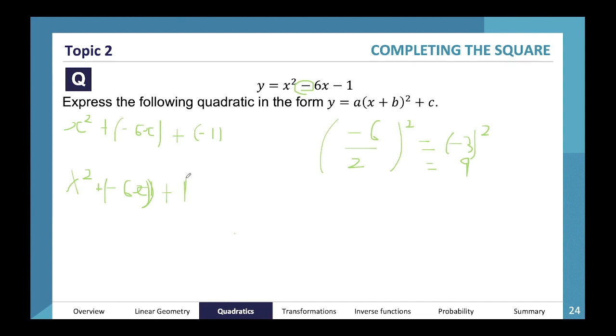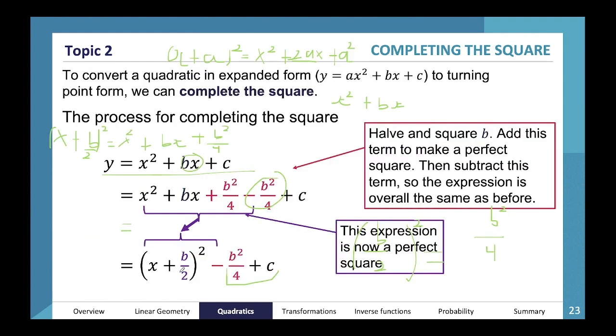Plus 9 minus 9 minus 1. Okay, cool. So now what we have here, that is our perfect square. So what we can do is just factorize this, right? So I'm going to get x, so it's going to be in the same form as this, right?